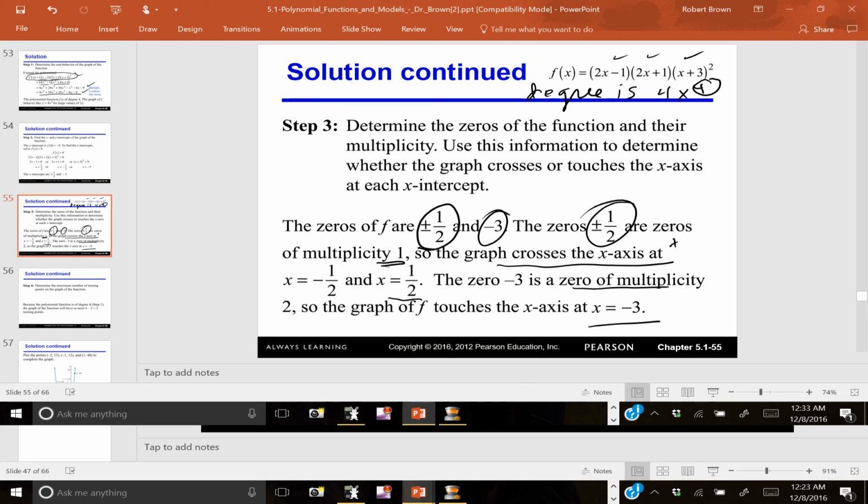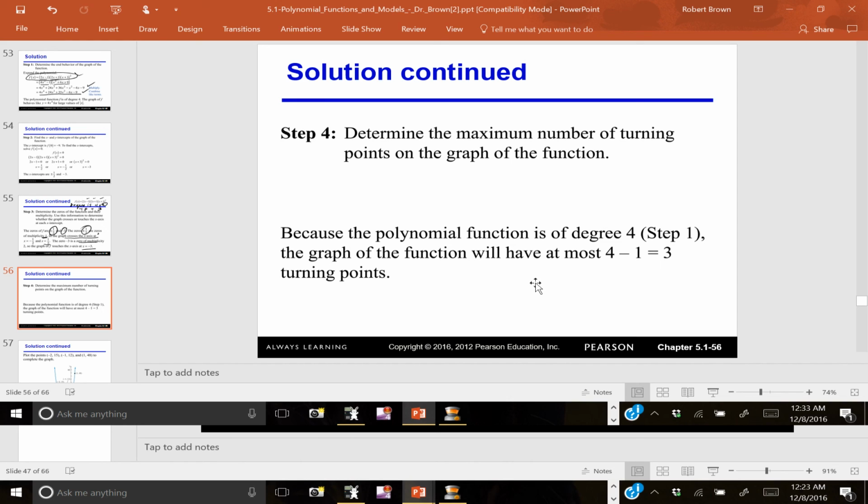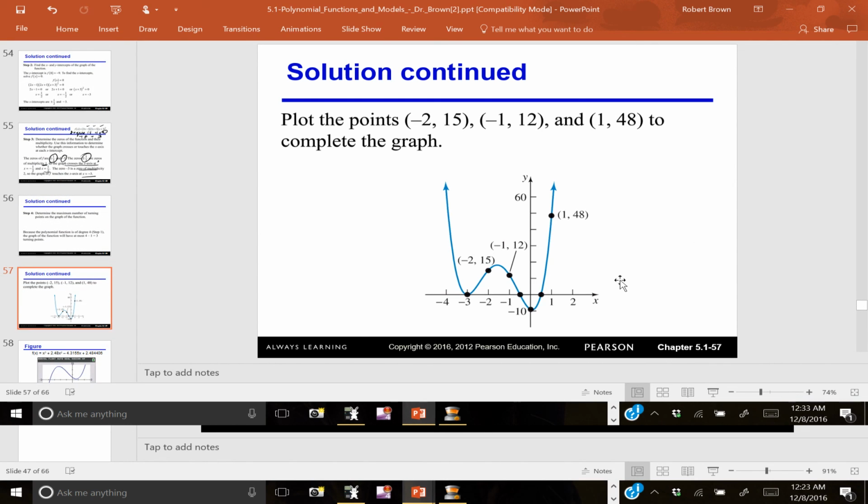So the degree is 4, so the maximum number of turning points would be 3. Then we will plot the graph, and notice it does have 3 turning points. It just touches at x equals minus 3 and goes through at x equals minus 1/2 and plus 1/2.